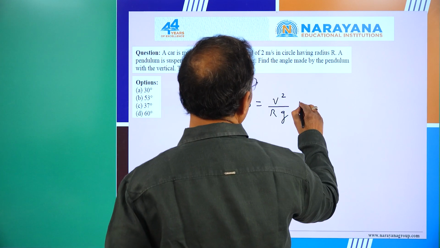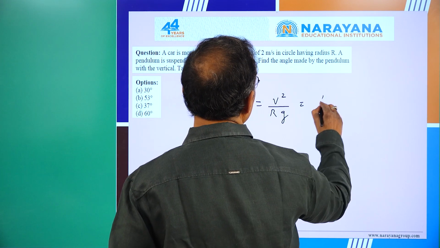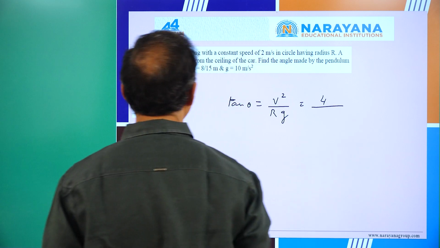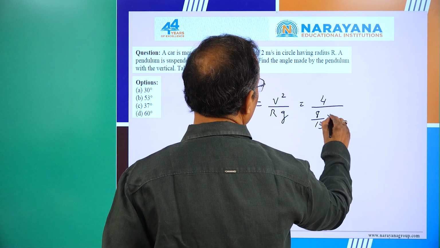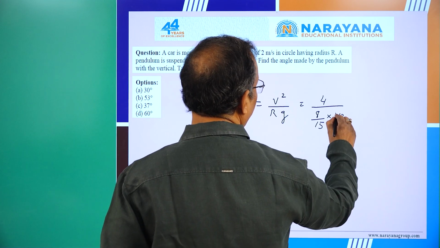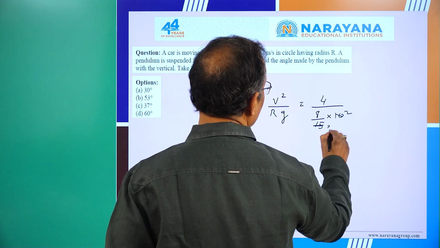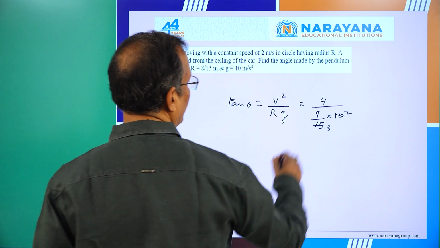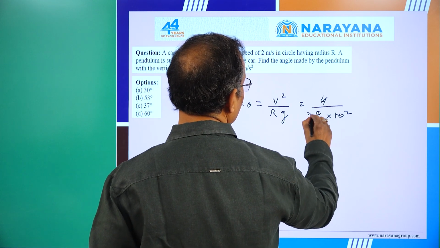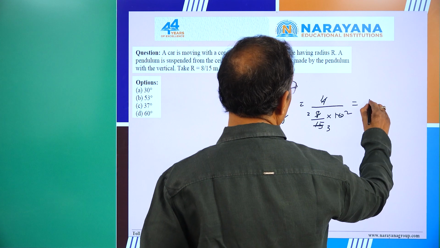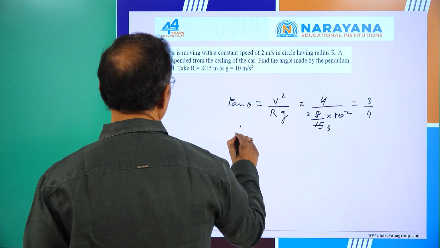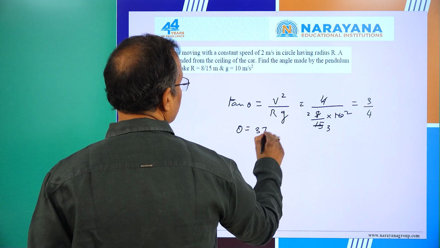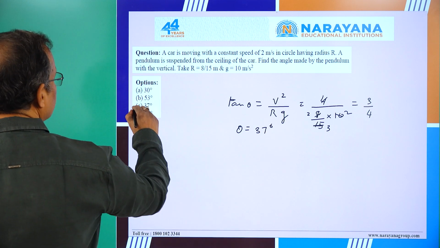V square they have given you as 2 square, 4, by R, and G is 10. You are getting 3 by 4, so theta will become 37 degrees.